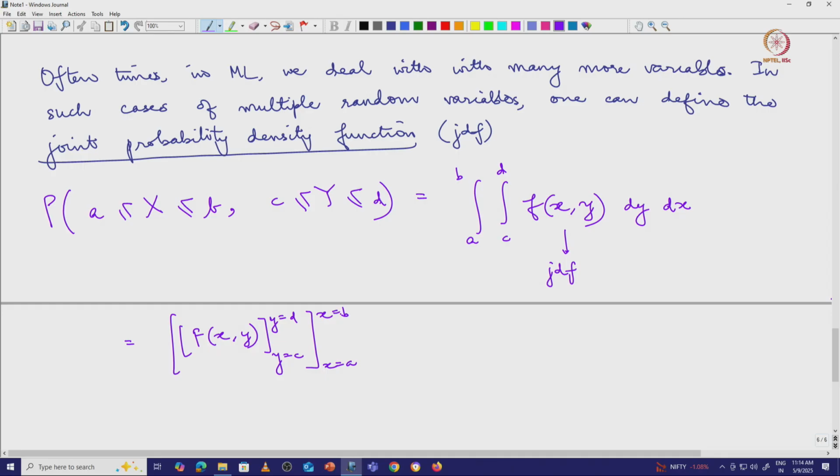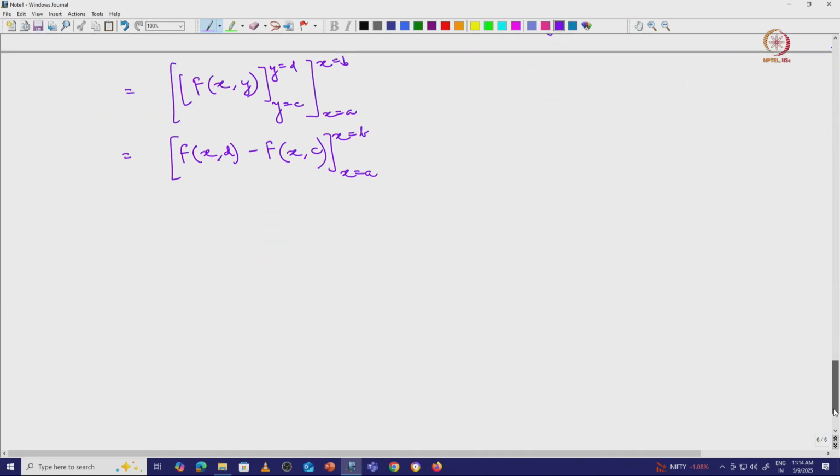So, this would become F of (x,d) minus F of (x,c), and then you would also have to put in the limits for x. That will simply become F(b,d) minus F(a,d), plus F(b,c) minus F(a,c).